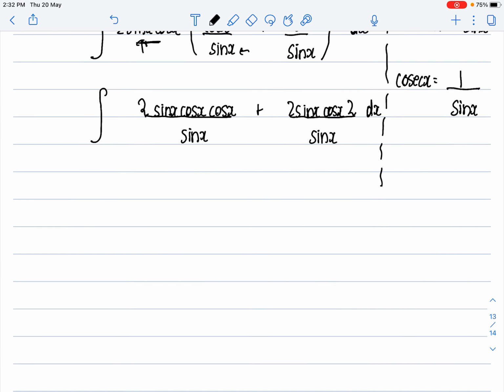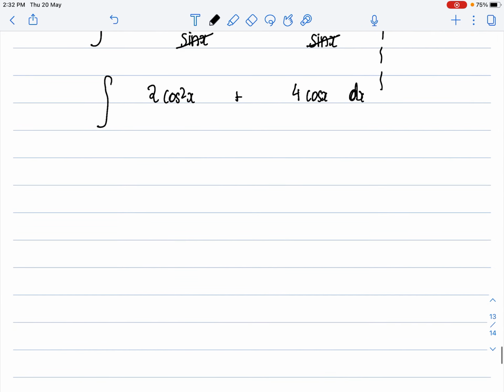So now I can cut sin x here, I can cut sin x here. So the value I get here is basically 2 into cos x, which is cos square x, plus I can do 2 into 2, which gives me 4, and I have a cos x here, which is cos x dx.